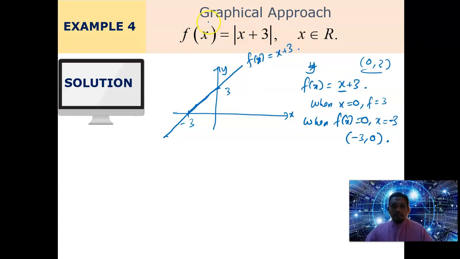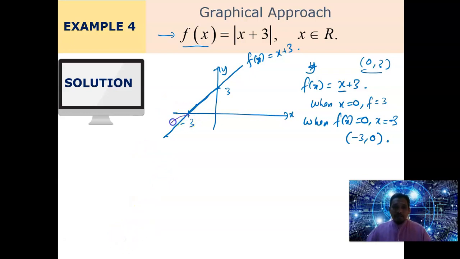But the function that we're looking for here is fx equals the absolute value of x plus 3. As we know, the value of fx or y is always positive for all values of x. So on this graph, the part from negative 3 to negative infinity, below the x-axis, is where y is negative.